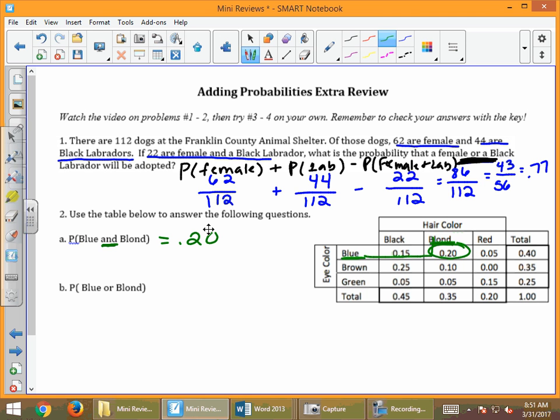And it's nice because the numbers in the table are decimals. So those are the actual probabilities. If they were numbers, then you'd have to do whatever number's here over the total amount. So because they're decimals, it's just whatever's in the table.